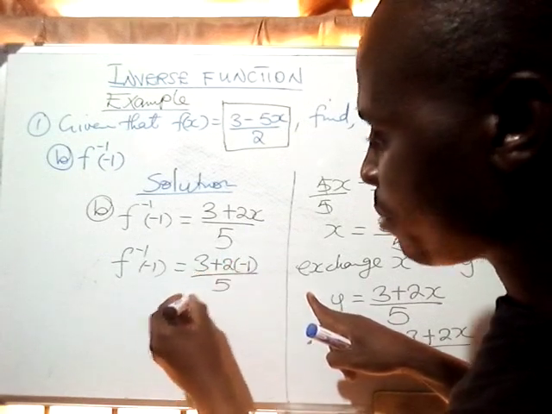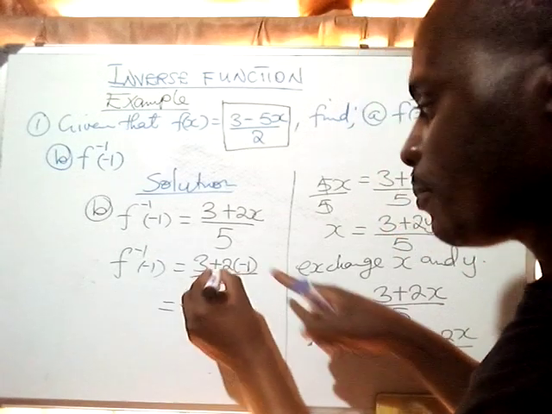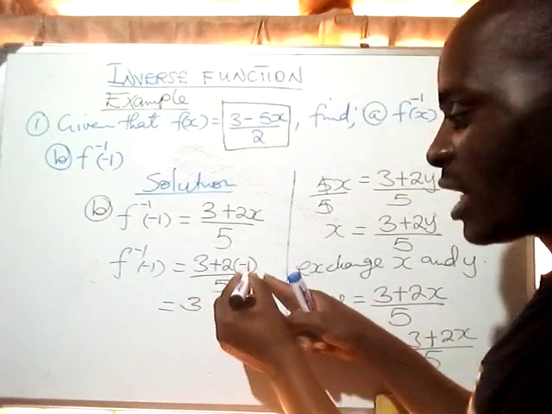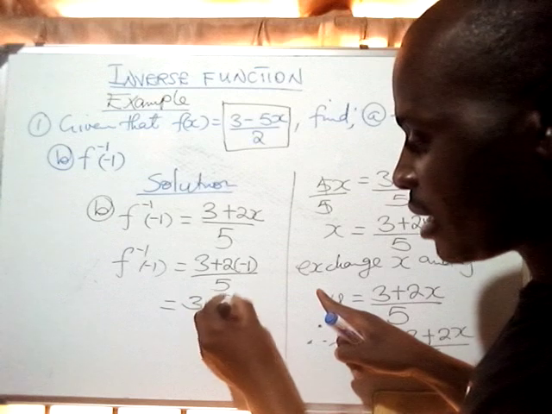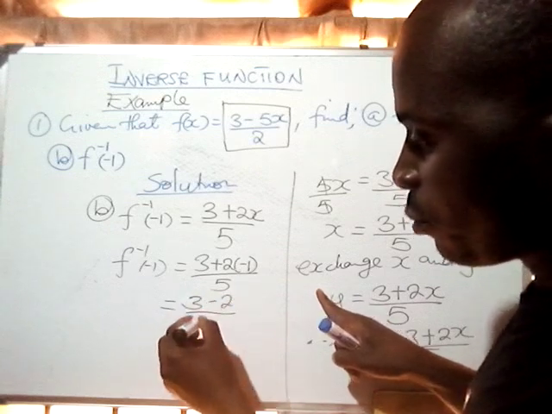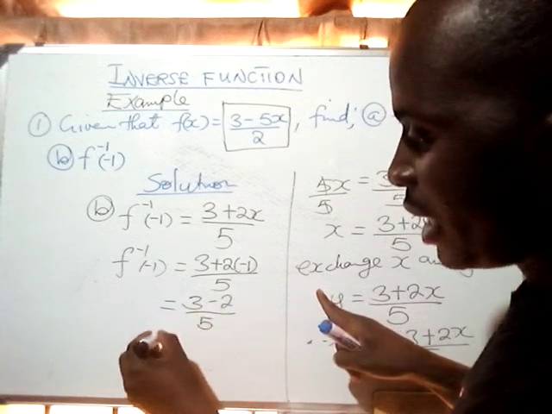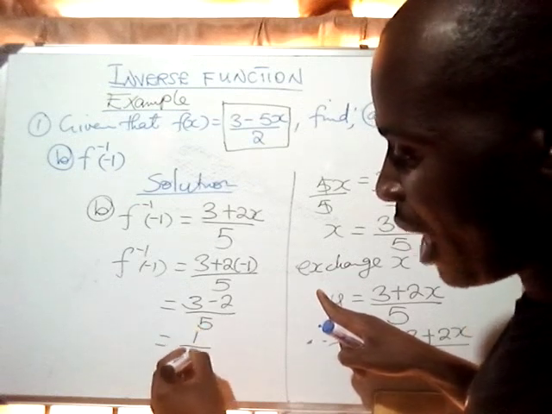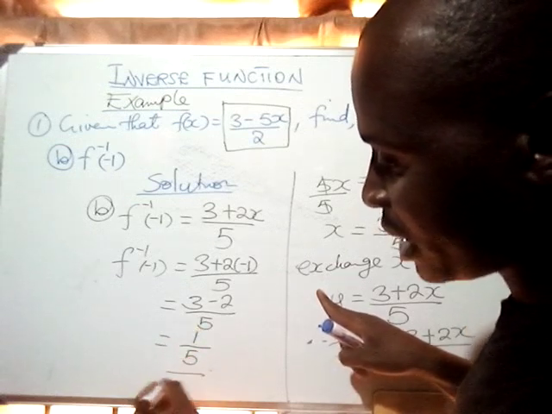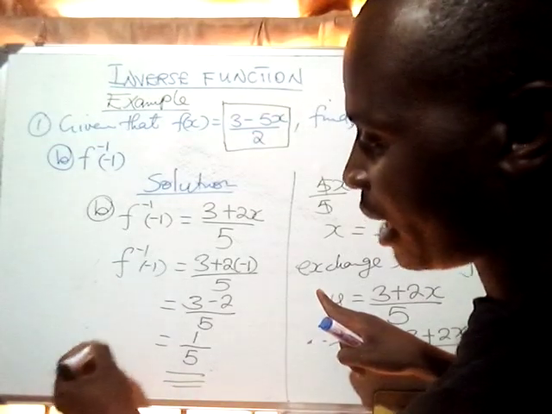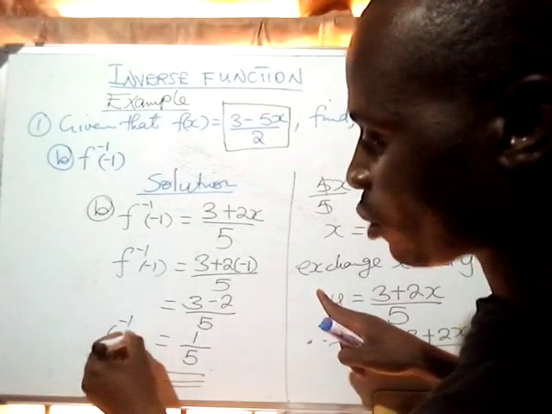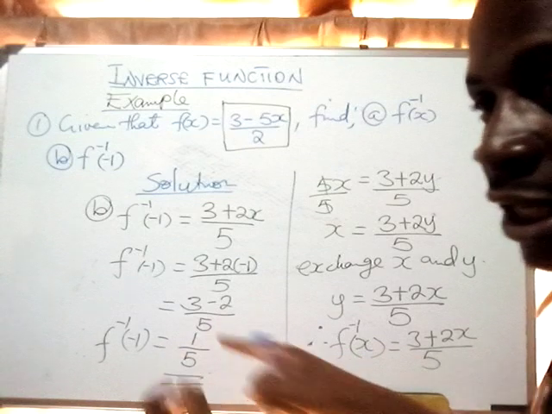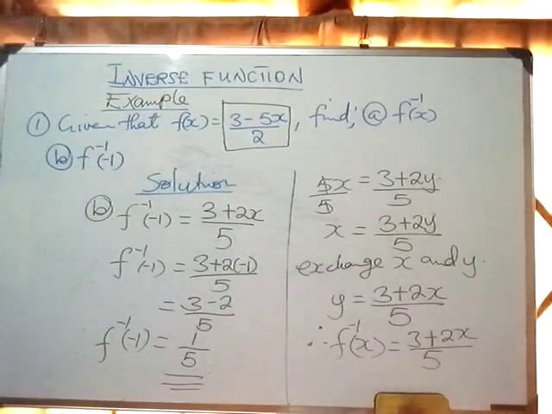So this one will be 3 plus 2 multiplied by -1, the answer is -2. So it will be 3 minus 2, the answer is 1. So it will be 1 over 5. So this is the final answer. Therefore, f inverse of -1 is 1 over 5.